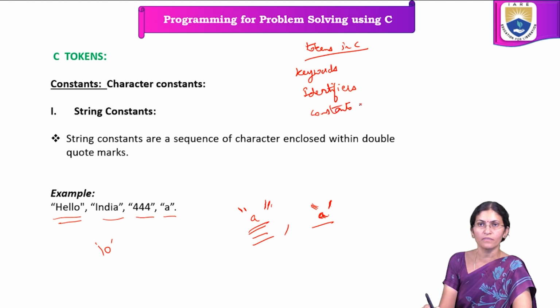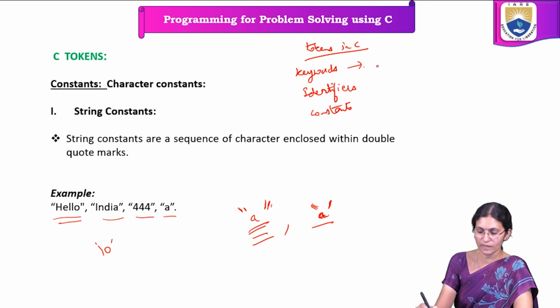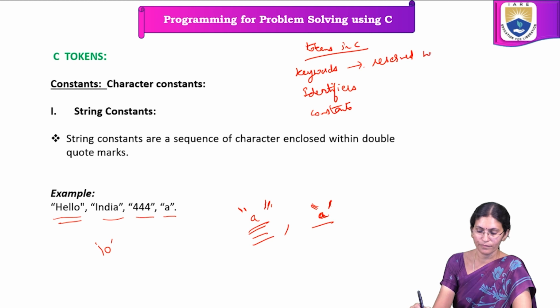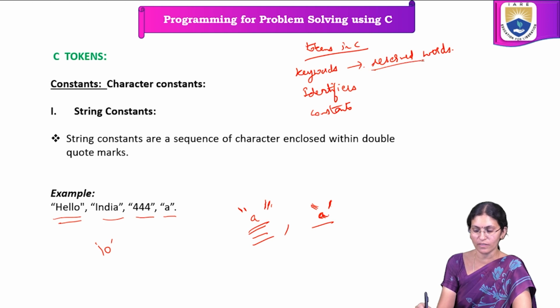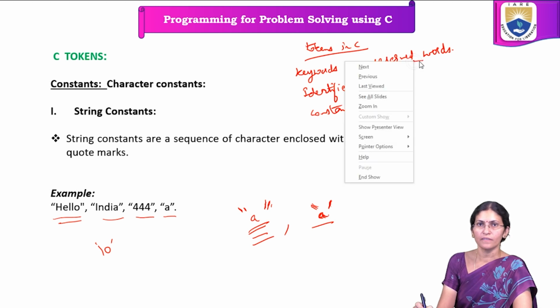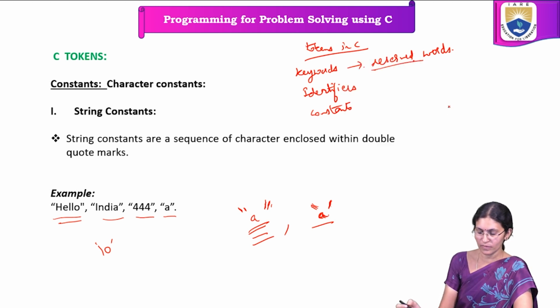These are the tokens we have discussed till now. Let us revise once again. Keywords are nothing but reserved words, which are defined by the compiler. In order to use these reserved words, there is no need to include any header files in the program. There are 32 keywords in the C language.